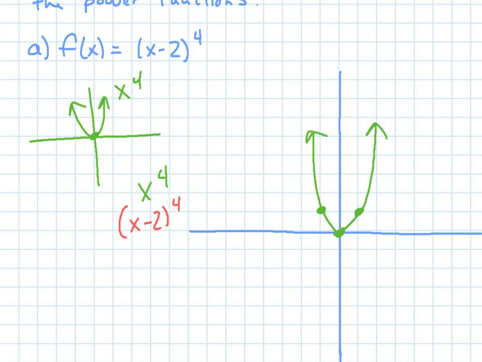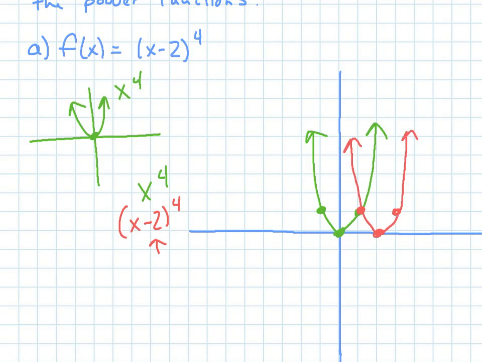Now remember, for 2, it's got to make it to 16, so that's why it's pretty steep from 1 to 16. Then I want to be able to move it. So it says negative 2, so that means move it to the right 2. So now my vertex is there. And then that would be my graph.